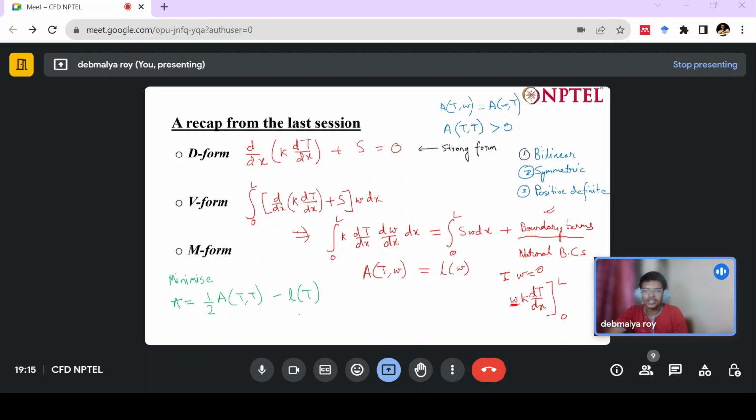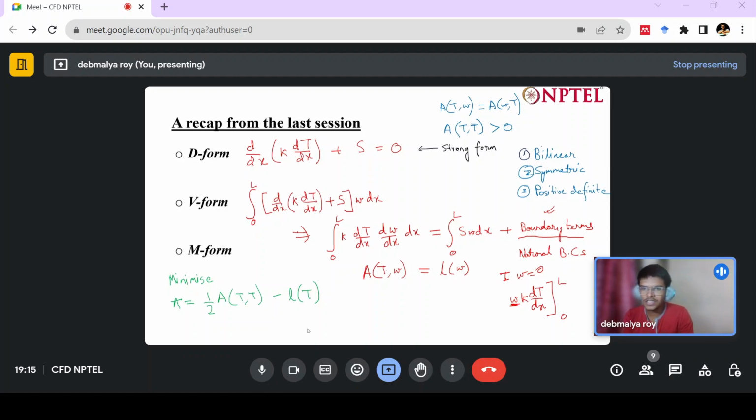So this expression is there, and we have to minimize this. It might feel a little bit different from what we are doing because G form and V form both are basically equations. One is a differential equation, another is in integral form, but essentially both are equations. Whereas M form is a minimization problem; it is not a straightforward equation as such.